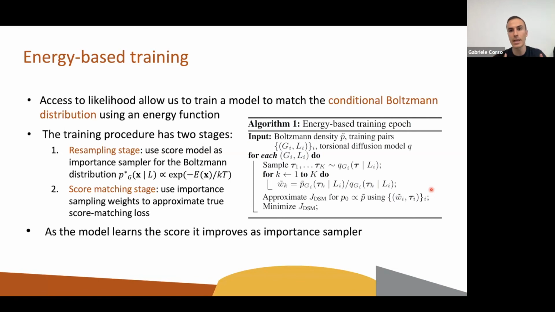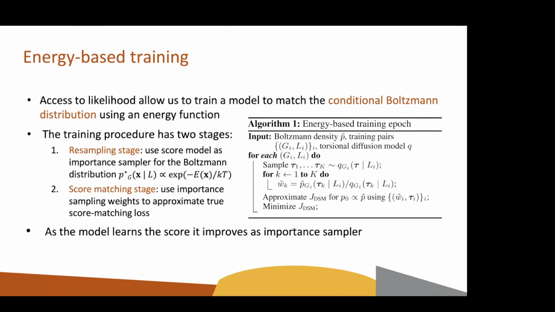So this resampling generates samples from the ground truth Boltzmann distribution, at least the ground truth given by the energy function. The model distribution is actually just used to rescale these importance weights. Does that answer the question?